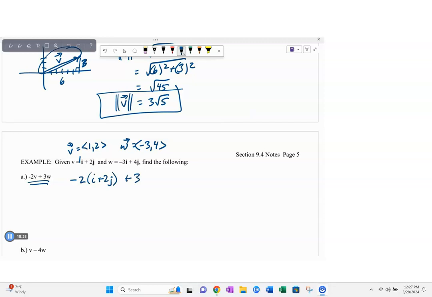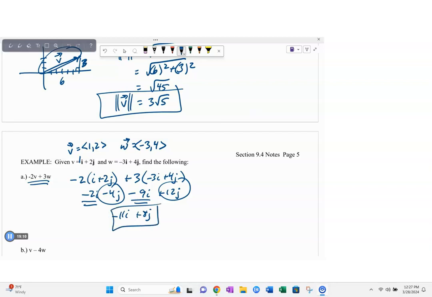Well, my w is -3i plus 4j. It's just nicer to work with it algebraically with these variables i and j, I think. -2i minus 9i, I got -11i, -4j plus 12j is plus 8j. -11i plus 8j is the resultant vector, or -11, 8, same thing. The resultant vector.